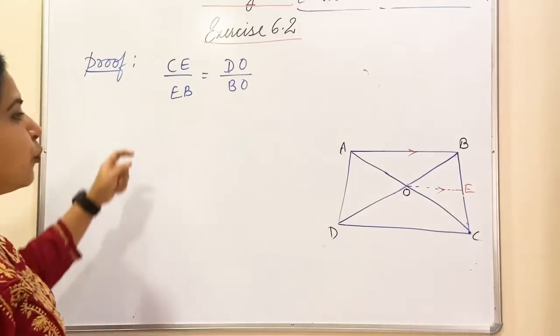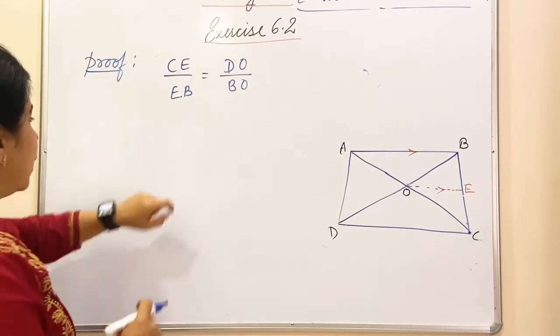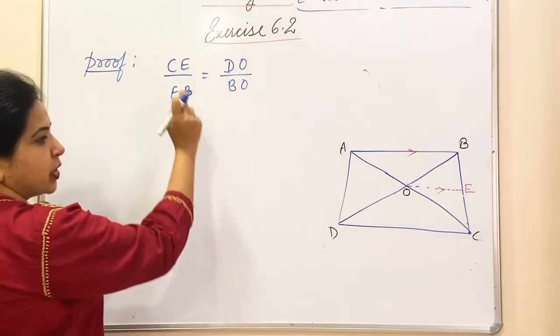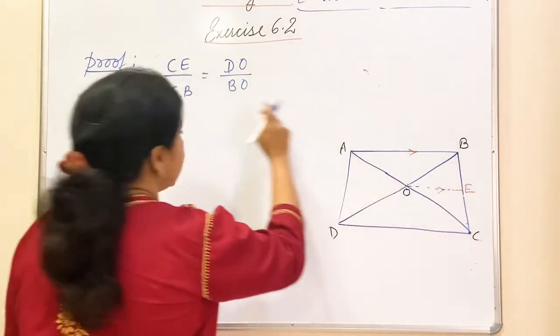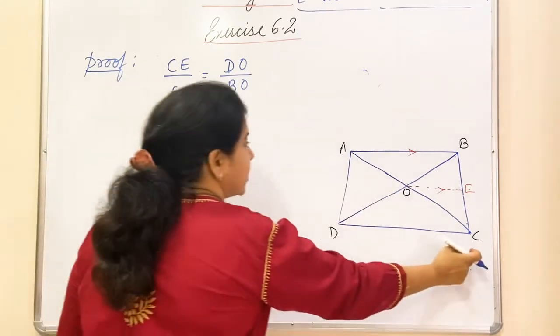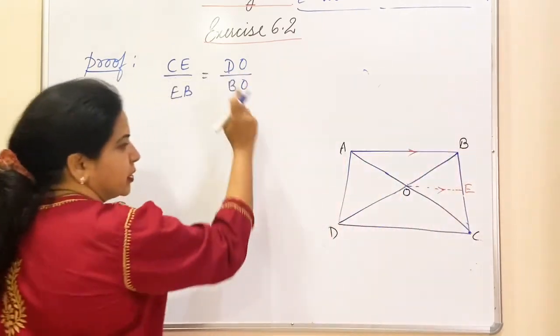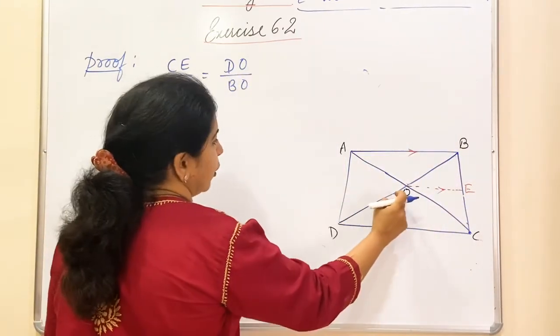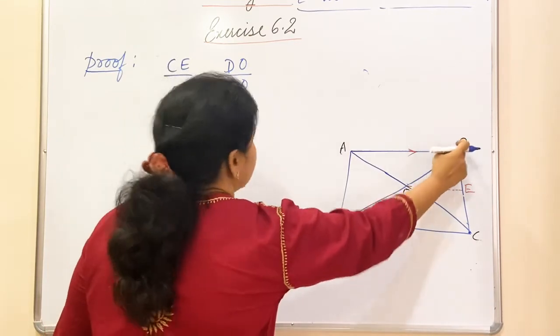Okay. So from equation 1 and 2, we have come to this conclusion that CE upon EB is equal to DO upon BO.